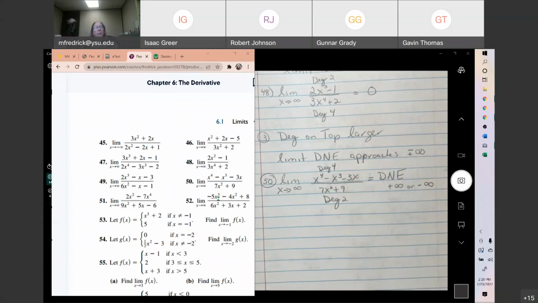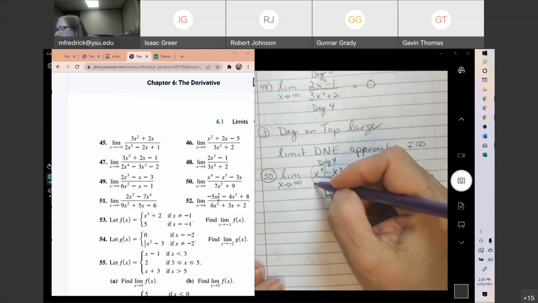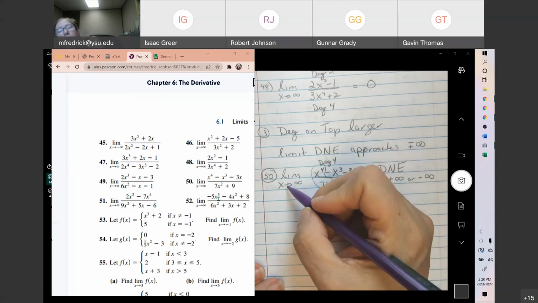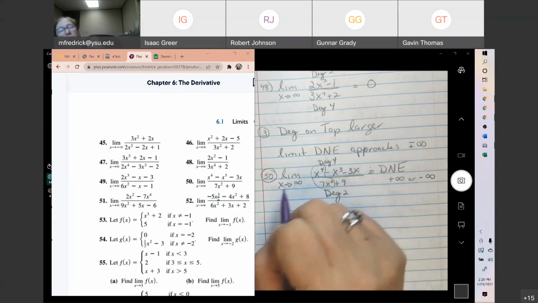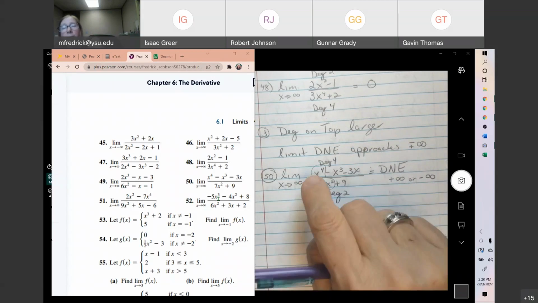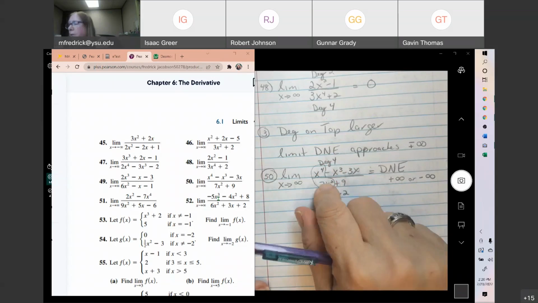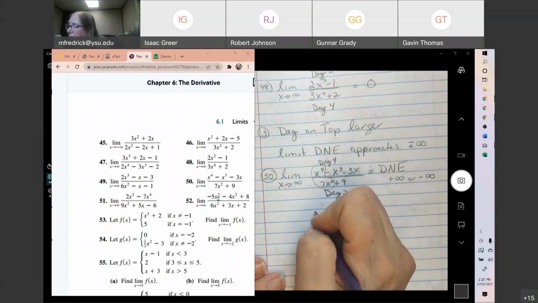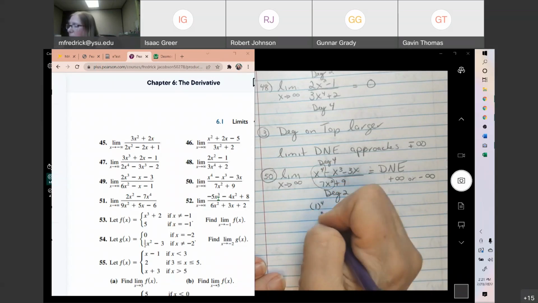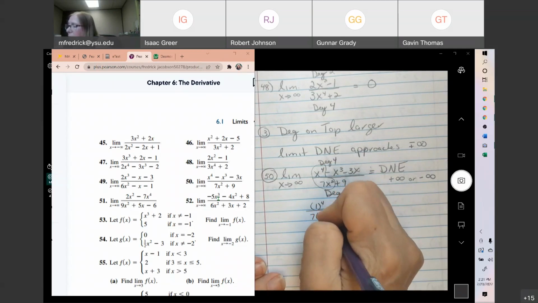Well, one way is to go to Desmos and graph it. Another way you can do it, and you only want to work with the 2 largest degree terms, you can plug in, since this is positive infinity, any positive number. Now, if you were going to use this whole thing, you'd need to plug in a really large number. But if you just use the largest degree term, you could plug in a positive 1. 1 to the fourth over 7 times 1 squared.